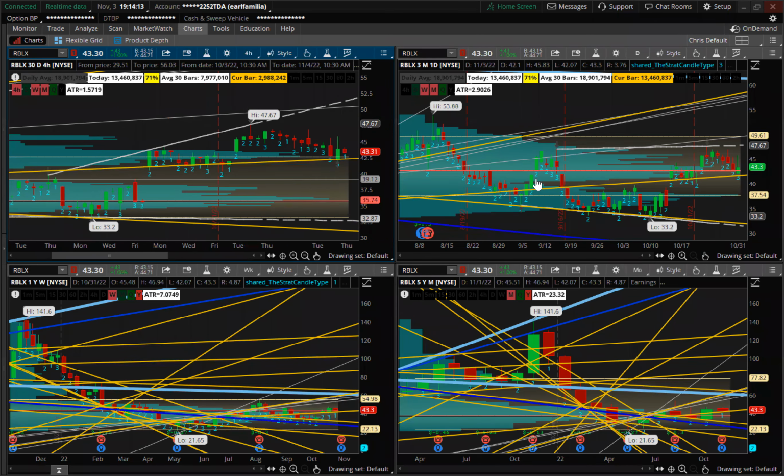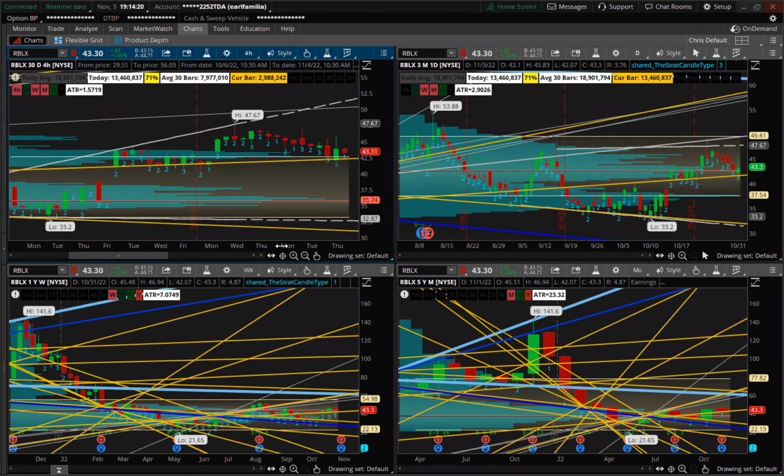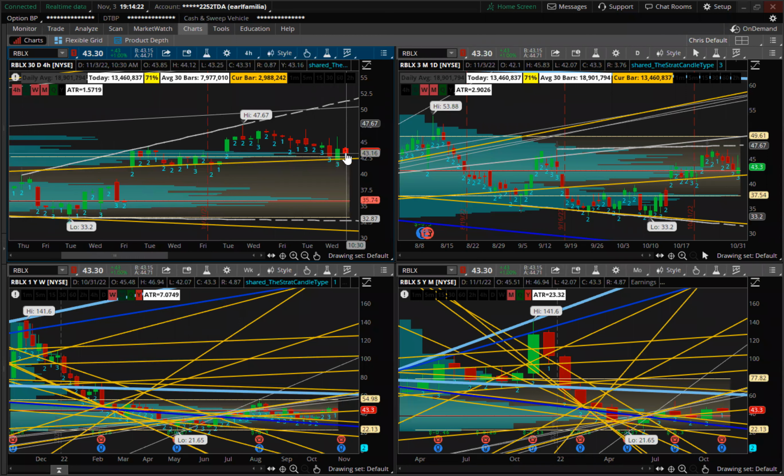All right. So, Roblox. Yep. I would think downside as well. You got the broadening formation here at 42.38, 42.40. So let's say you take entry below 43.25 and take the move down to 42.38. So you got about a $1 move to the downside.